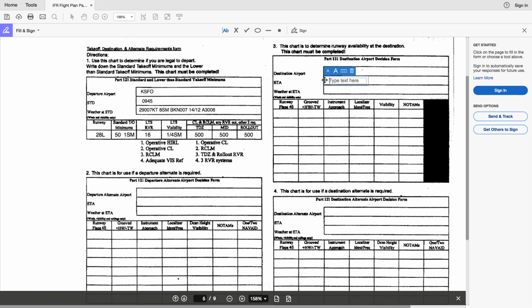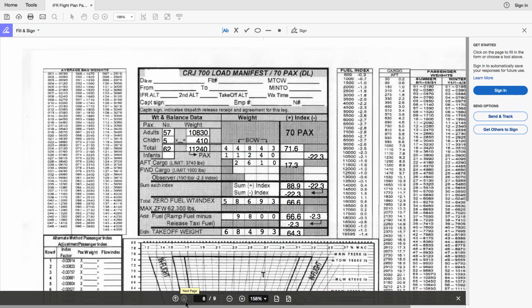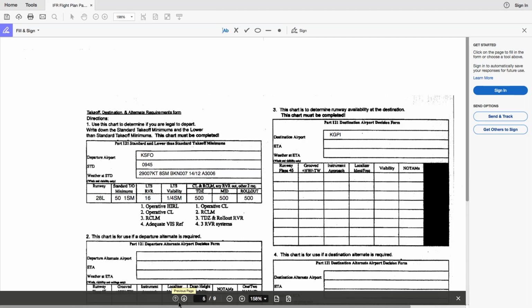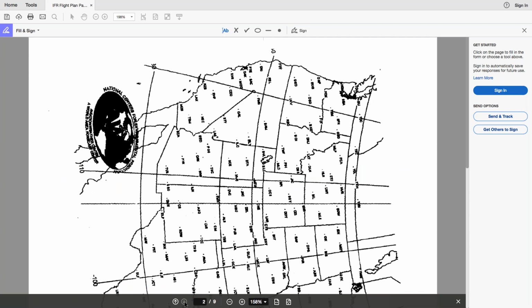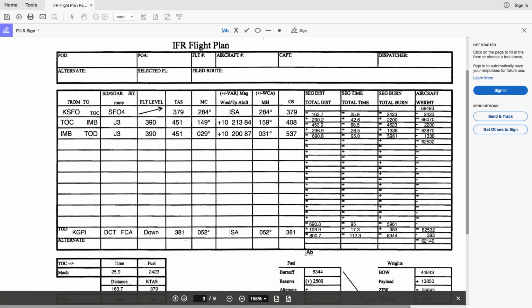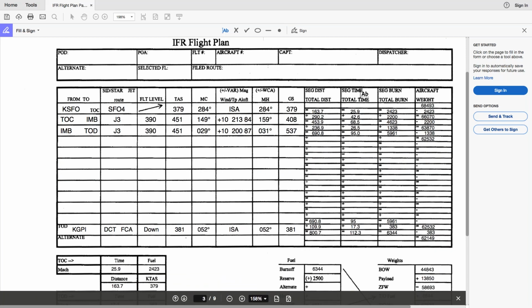so anyways, the ETA that we planned out, let's go to our IFR flight plan. We got a total time here of 112.3 minutes. So 112 minutes, add that onto your ETD of 945. What is our ETA?